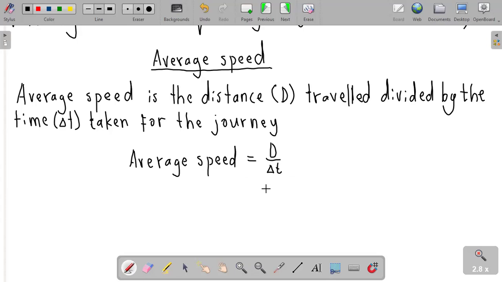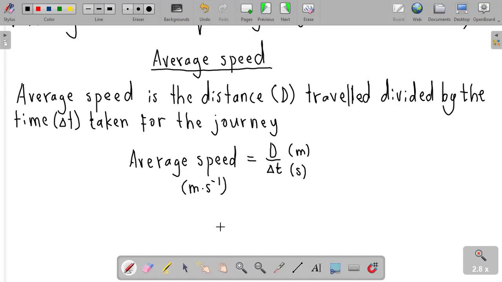The distance here should be in meters and the time should be in seconds. So again, unit conversion is important. And the average speed, the unit is meters per second, which is denoted this way.